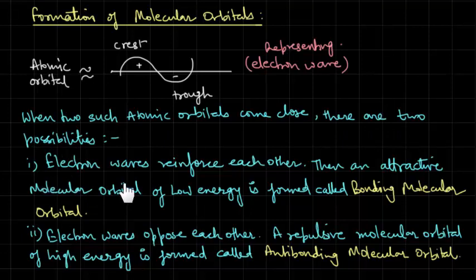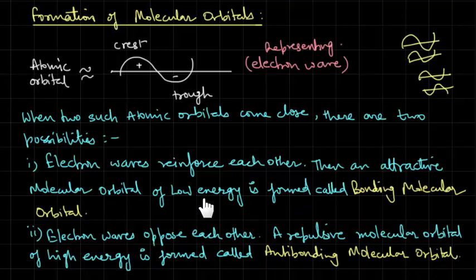First, their electron waves reinforce each other. If the first wave is like this and the second wave is also like this, they will reinforce each other and an attractive molecular orbital of low energy is formed, called the bonding molecular orbital. When electron waves oppose each other, so one is like this and the other is like this, both opposite to each other, a repulsive molecular orbital of high energy is formed, called the anti-bonding molecular orbital.